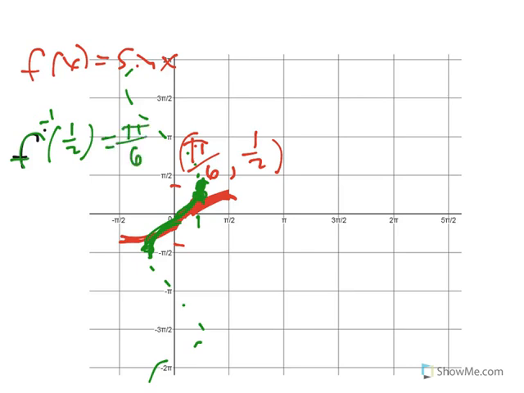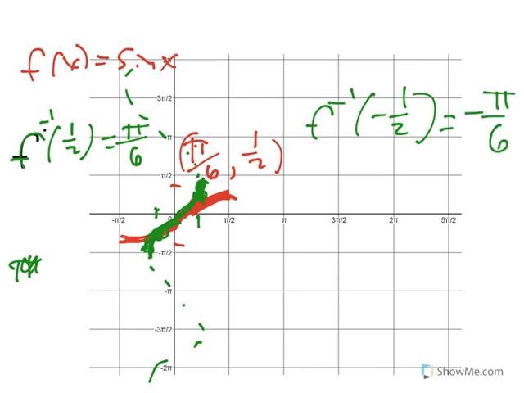But this also means something new. If I say f inverse of negative 1/2, if I go to negative 1/2 on the x-axis for the green curve, I end up with a negative y-coordinate. So I'm going to get negative pi over 6. And that's what happens with the sine inverse function.